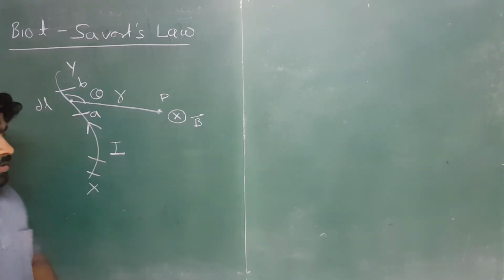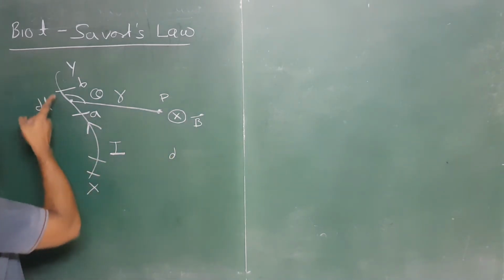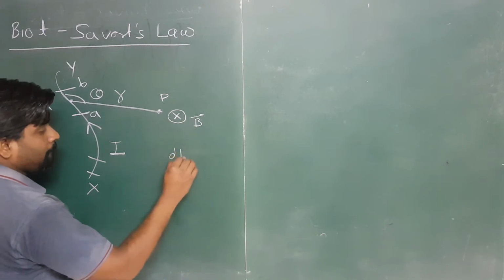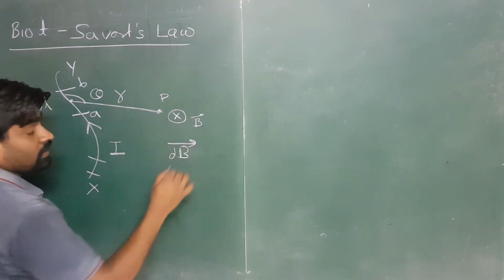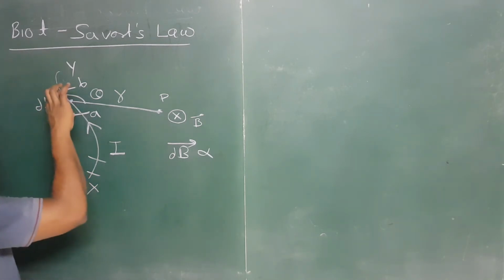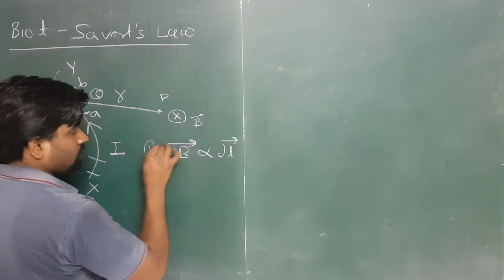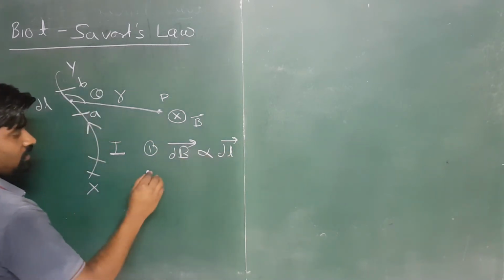According to the Biot-Savart's law, the magnetic field due to the small element, dB, because it is a vector quantity, depends on the length of the small element. So dB is directly proportional to dl. This is the first assumption.